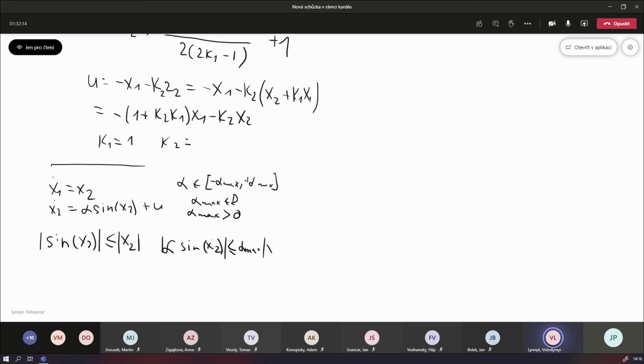Then we can do something like in the previous example and introduce new state coordinates. I put this example with solution to Moodle today, and you can recalculate at home. Okay, do you have any question?